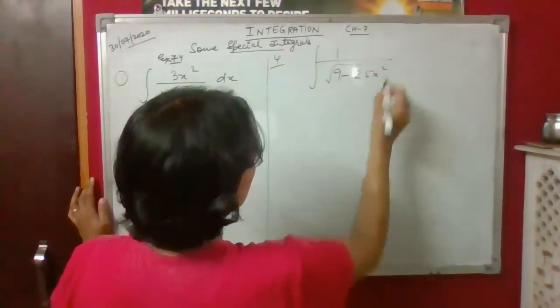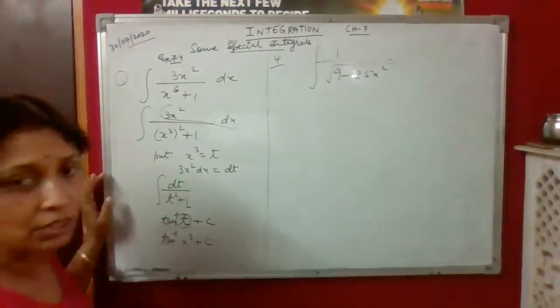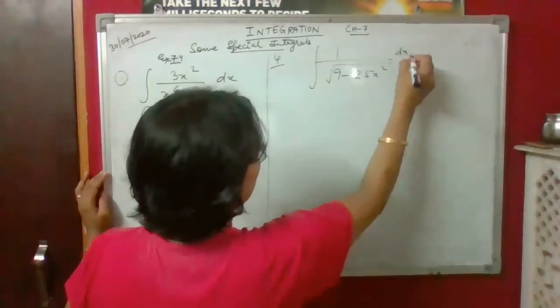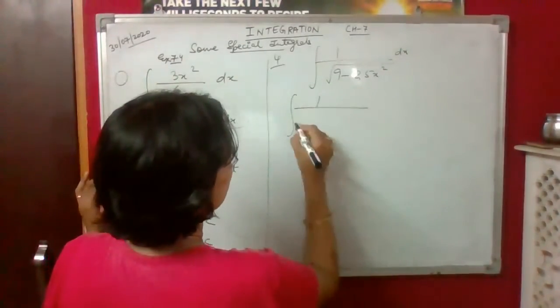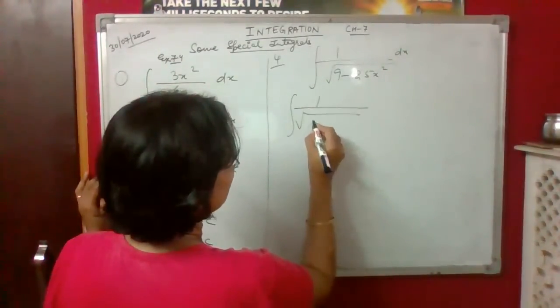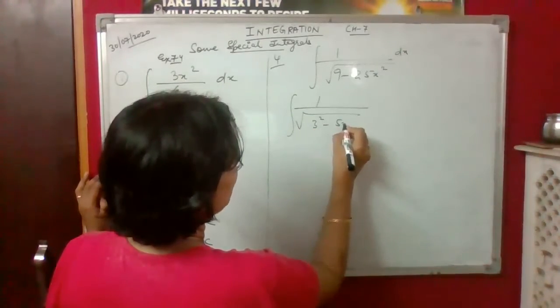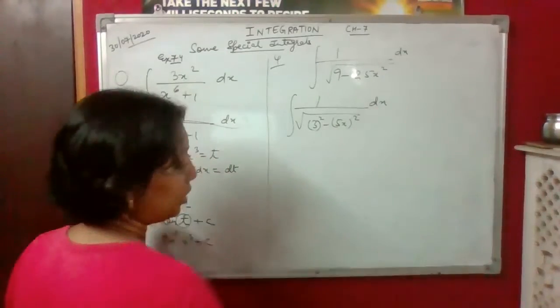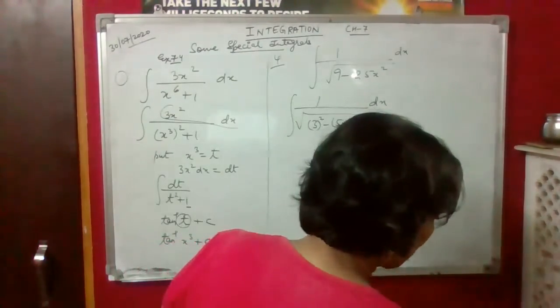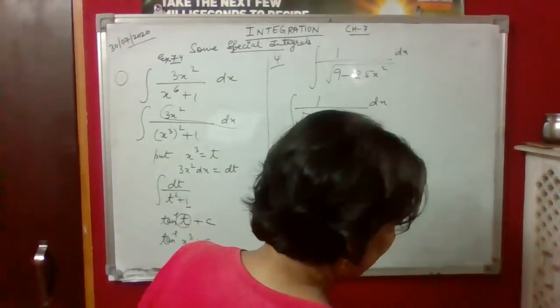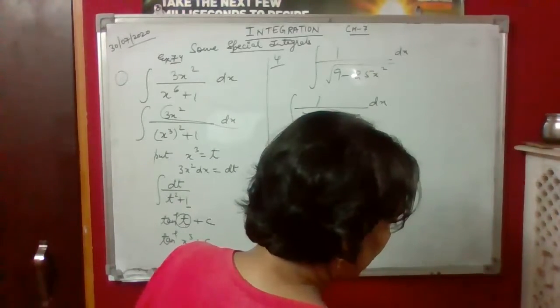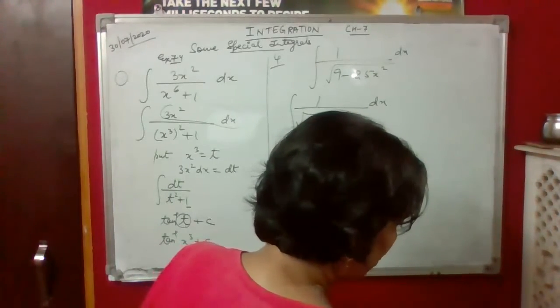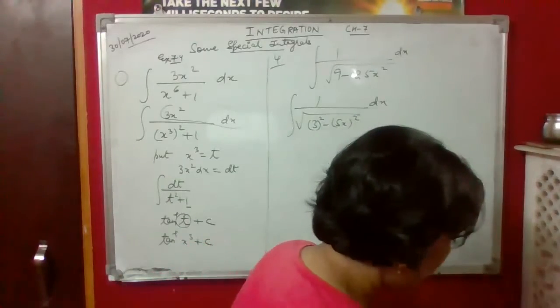So first of all, we have to convert it to the form of the integral that we know. So the form is, we have to write it as under root a square, that is 3 square, minus 5x whole square. Now it is in the form 1 upon under root a square minus x square. So we can just compare it with the form 1 upon under root a square minus x square.